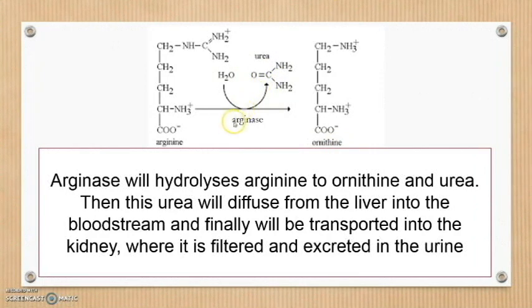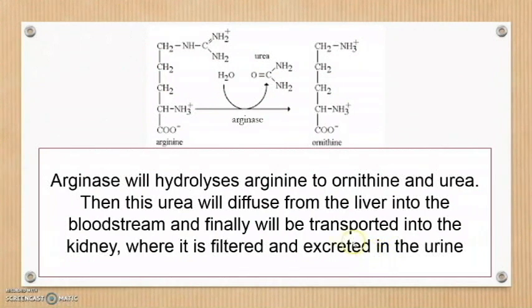In this step, it involves one molecule of water, as it is a hydrolysis process. The final product in this step, which is urea, will then diffuse from the liver into the bloodstream and finally be transported to the kidney, where it will be filtered and excreted in the urine.